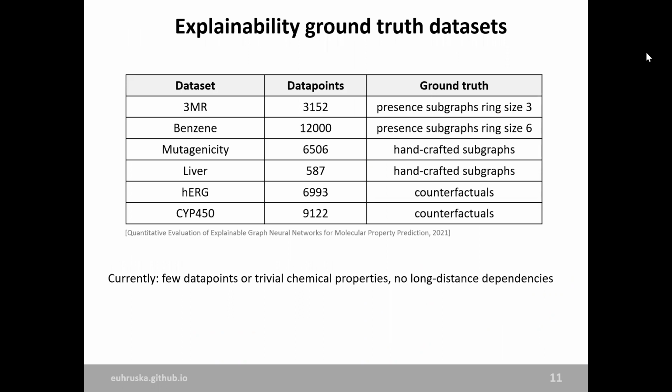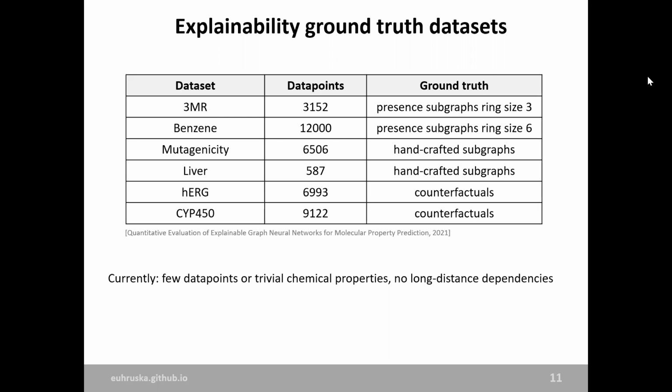When we look only at the ground truth explanations, the limiting factor there is the size of these ground truth data sets. Here I've shown some of the more widely used ground truth data sets for explanations applying to molecules. And okay, let me just walk through the explanation.